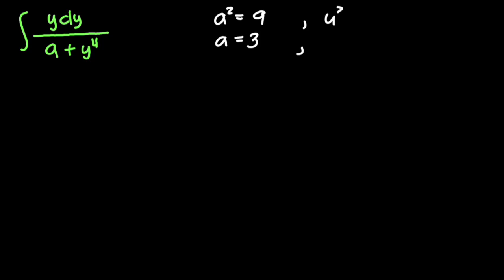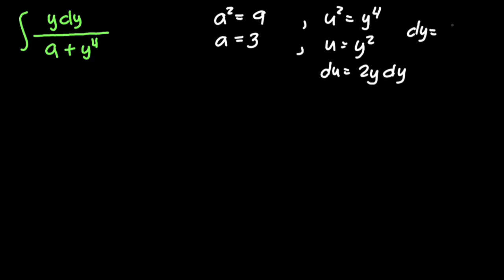And u squared here is equal to y raised to the power of 4. And so the square root of this would be simply y squared. So taking the derivative of y squared, it would be 2y multiplied by dy. And so dy right here is equal to du over 2y.